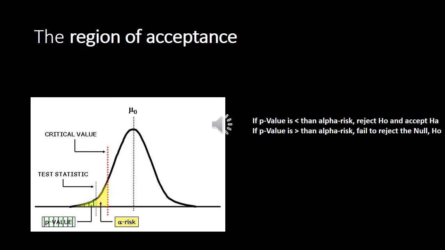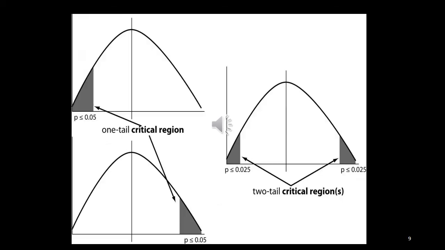Critical values fall on the sides, and if the test statistic value falls inside the critical region, then our hypothesis is rejected, or if it lies on the other side of the critical value, then our hypothesis will be accepted. If the p-value is less than the alpha risk, reject H naught and accept HA, and if the p-value is greater than the alpha risk, fail to reject the null H naught.